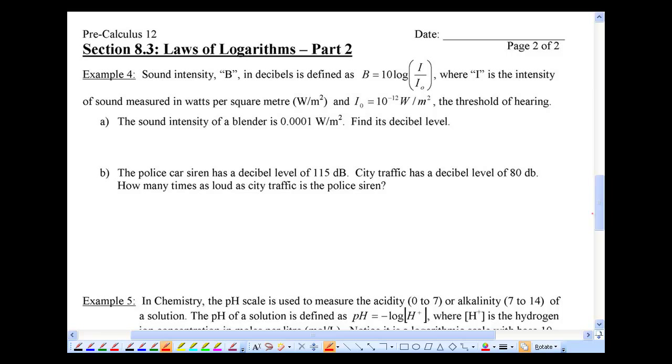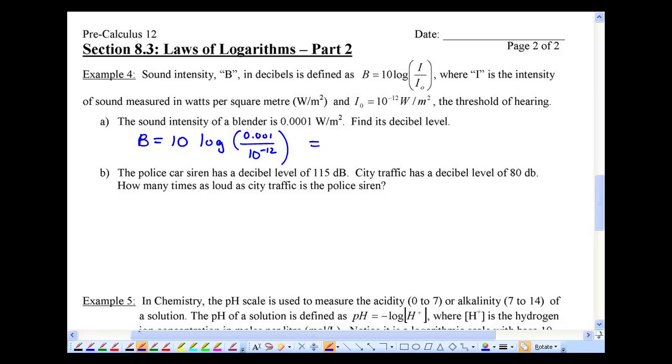So here it says the sound intensity of a blender is 0.0001 watts per square meter. Find its decibel level. So all you need to do here is just plug this in. Finding the decibel level means finding out what B is. So B is equal to 10 times the log of the ratio of I, which is 0.0001, divided by I naught, which is just 10 to the power of negative 12.